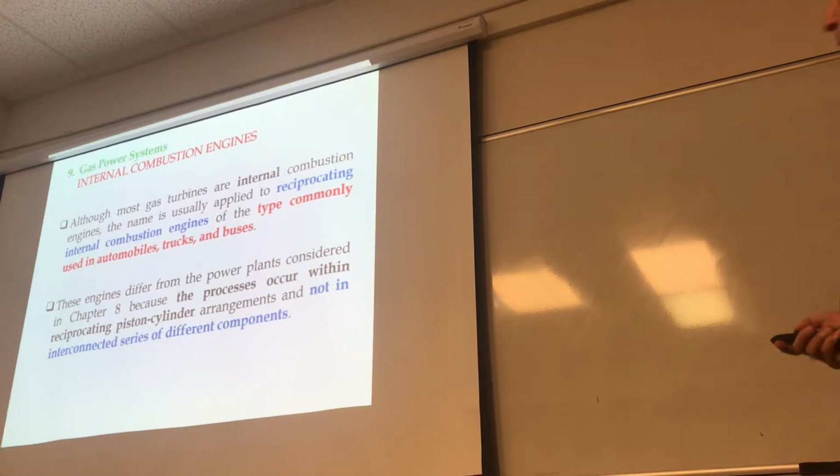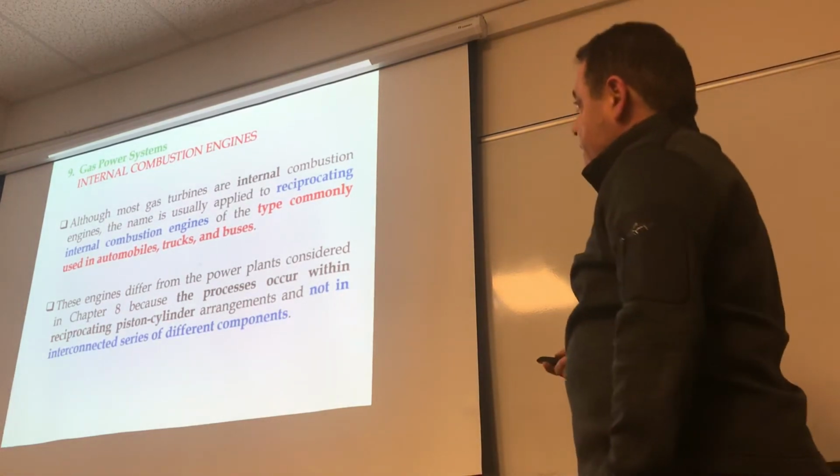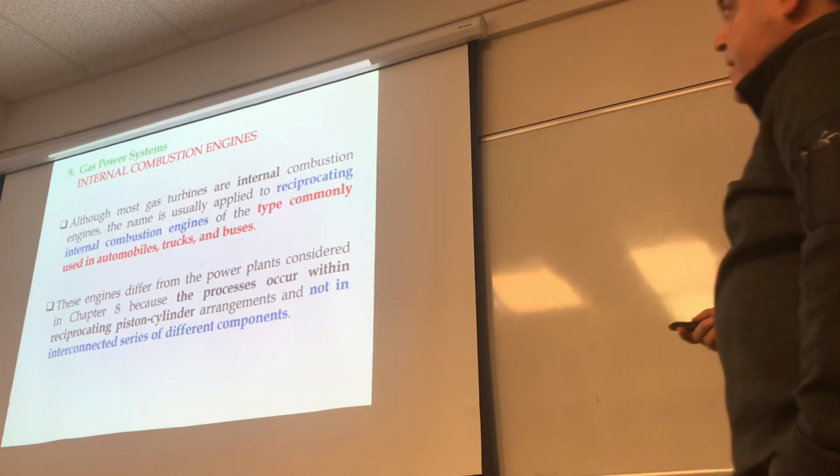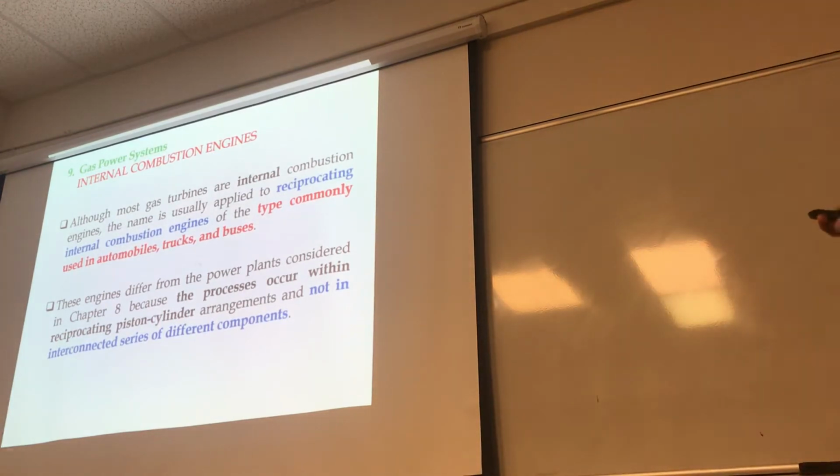So let's start with the internal combustion engine. It says, although most gas turbines are internal combustion engines, the name is usually applied to reciprocating engines, things that go back and forth in combustion and expansion.